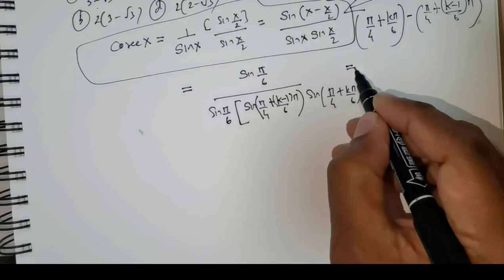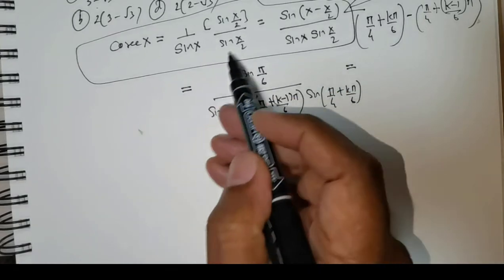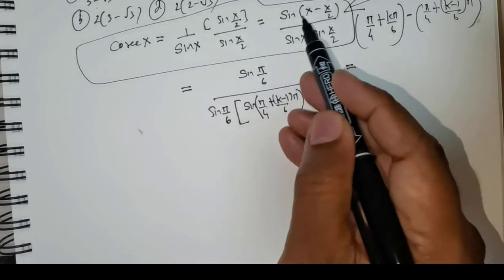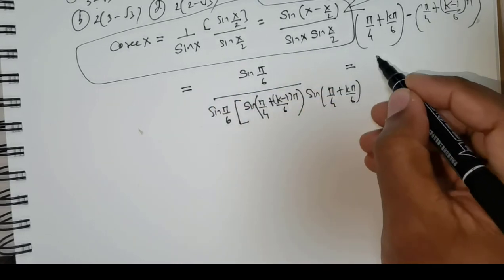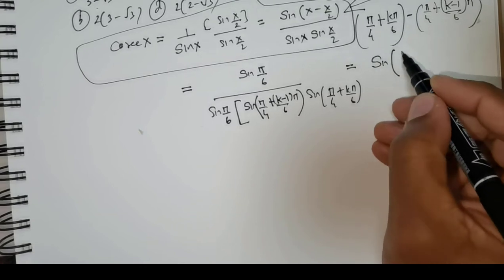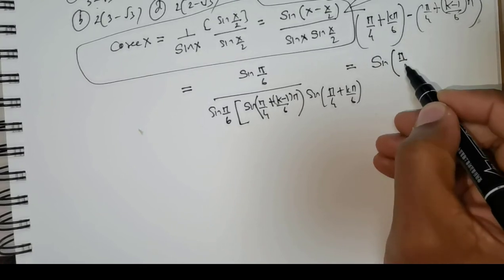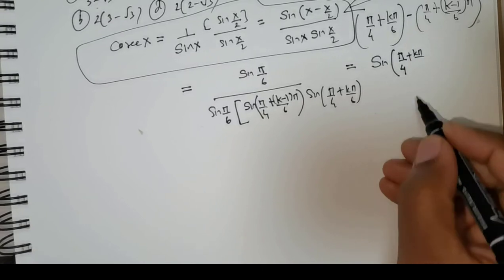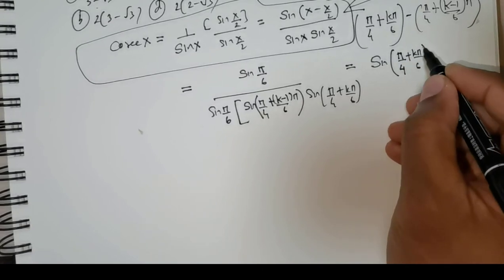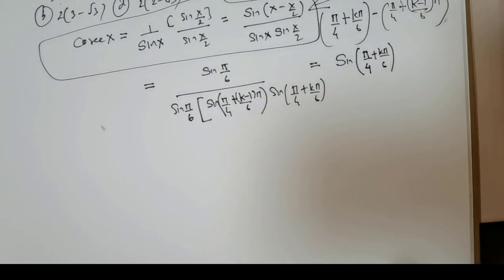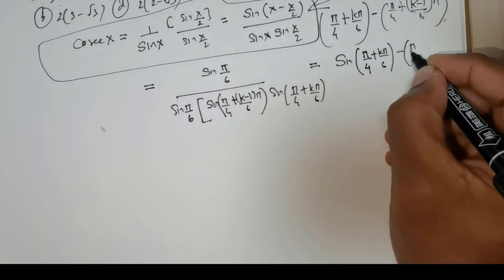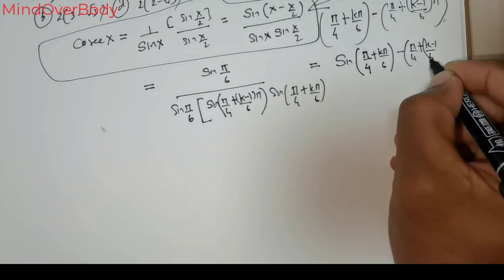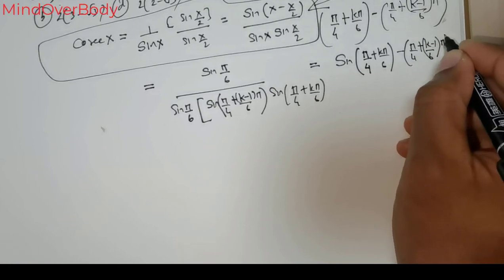Now this numerator is rewritten in a similar fashion. I have to take the difference of the larger angle minus the smaller angle. So this is equal to sine of the larger angle, pi over 4 plus k pi over 6, minus pi over 4 plus k minus 1 divided by 6 times pi.